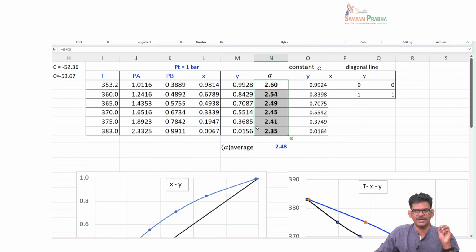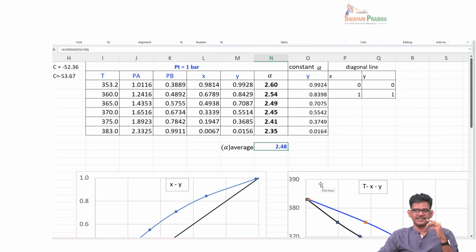Okay, so what we can do is take an average value of alpha, and say that relative volatility is constant. You can make that assumption because it is a very slowly varying quantity. So here I have found an average value of alpha. We are talking about two assumptions: a binary mixture which follows Raoult's law, and a relative volatility that can be assumed to be constant.